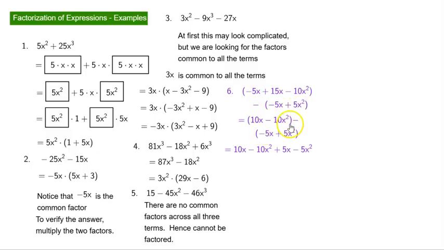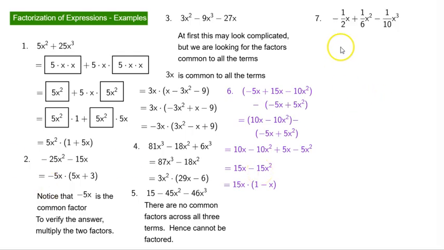Now open up the brackets. 10x minus 10x square, minus times minus is plus 5x, minus into plus is minus 5x square. Again like terms simplify. 10x plus 5x is 15x, minus 10x square minus 5x square is minus 15x square. So 15x times 1 minus x. Here 15x is common to both.